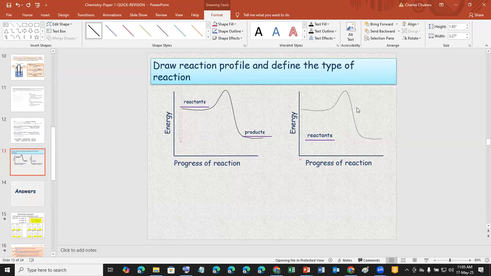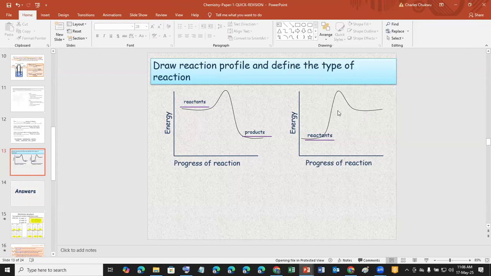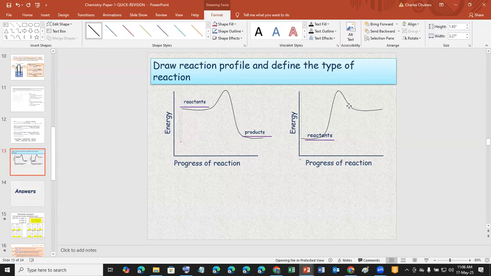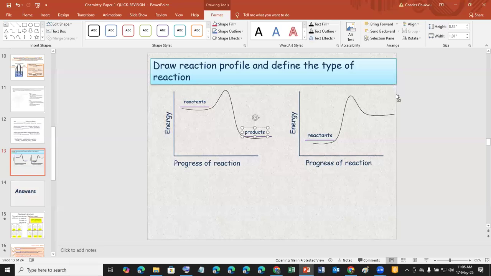Align, rotate. Flip horizontal. Yes, that's it. So that's how it's going to look. And then, of course, my products in this case are going to be all the way up there.